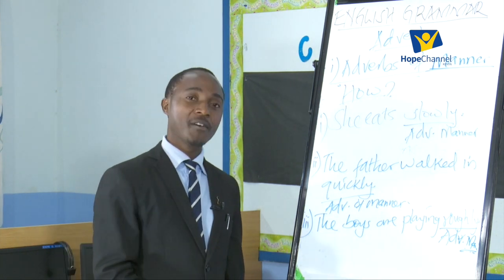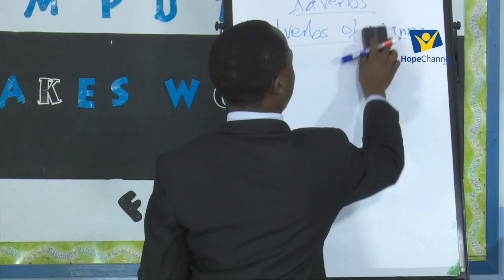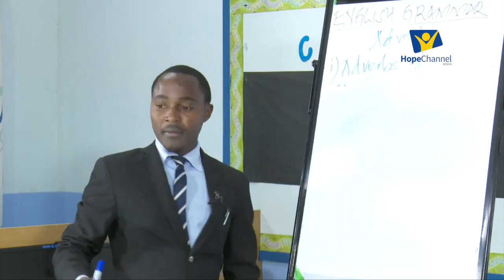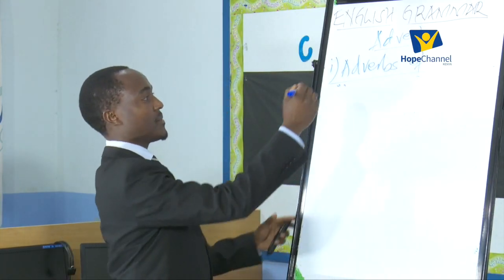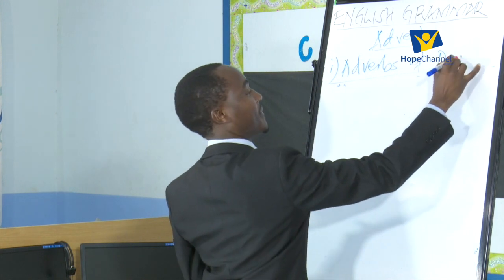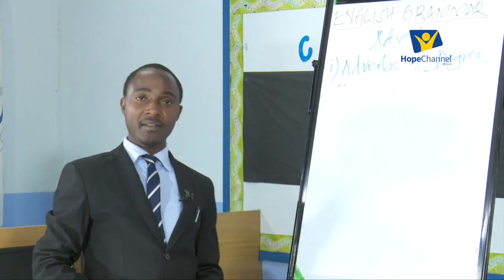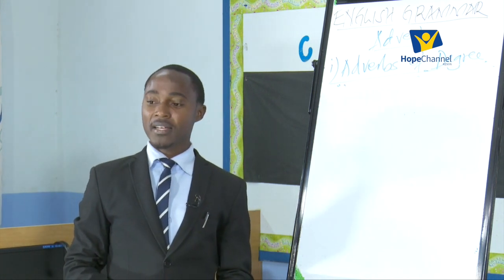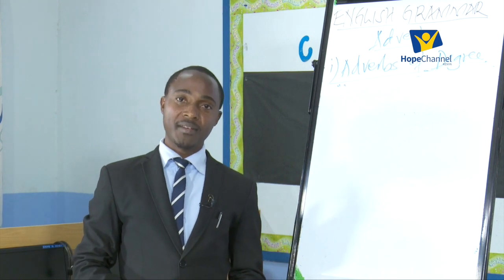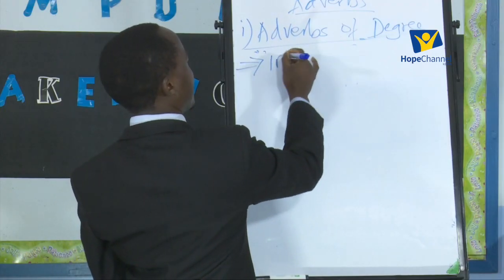We go to the fourth type of adverbs. The fourth type of adverb that we look at is adverbs of degree. Remember, we have looked at adverbs of time, place, and manner. Now we're looking at adverbs of degree. We also call them intensifiers.